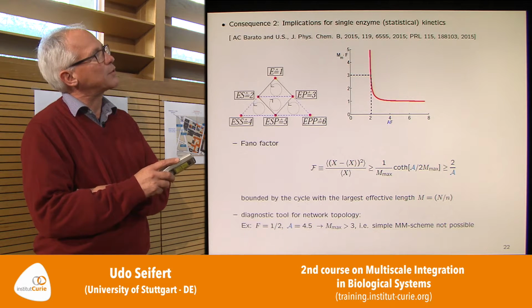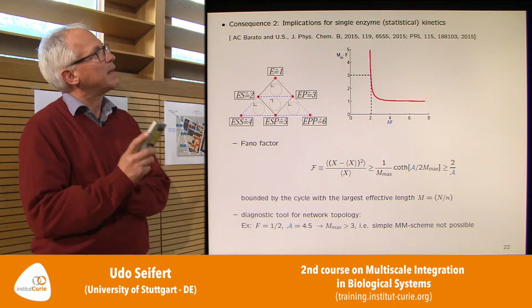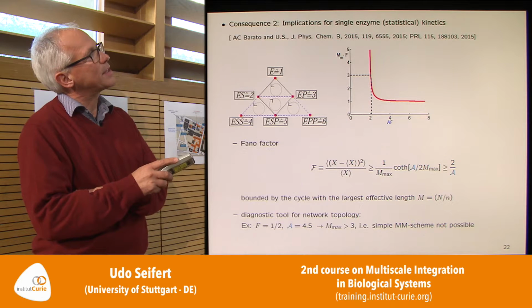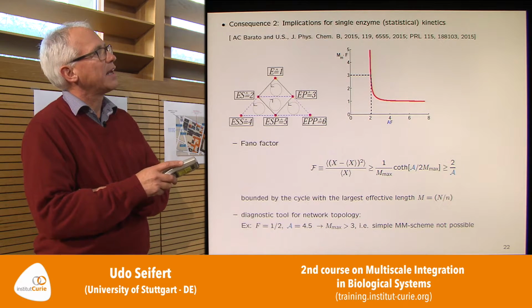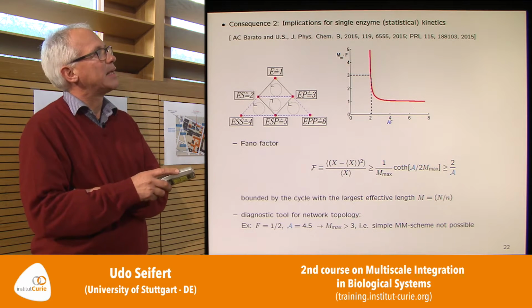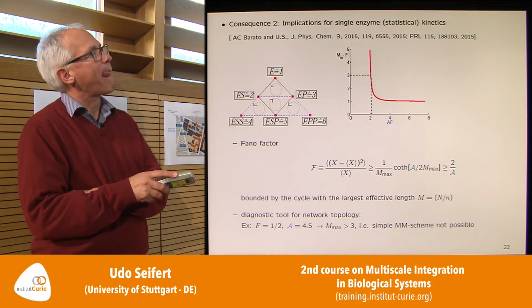So capital M is 3. For this big one, capital M is 6 divided by 2, which is also 3. However, in this network, you have a cycle which consists of 5 states and where you get only one product. That would be the largest number.